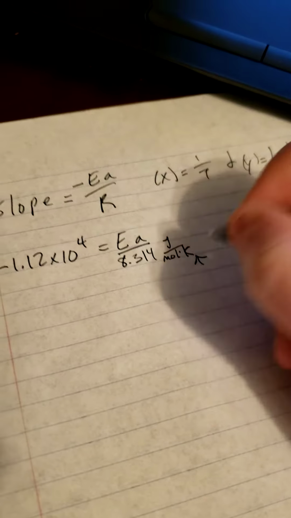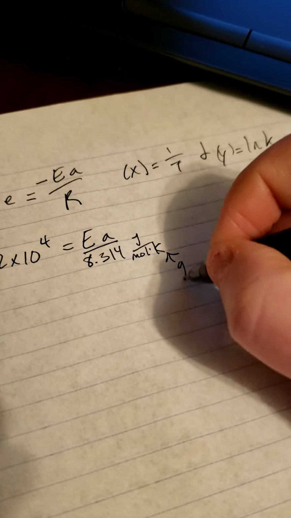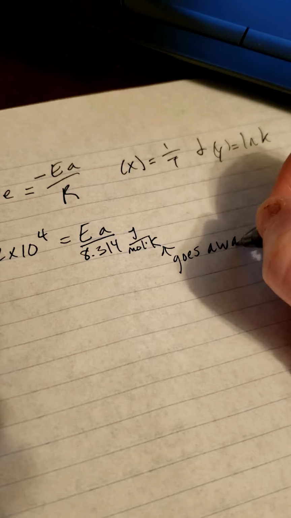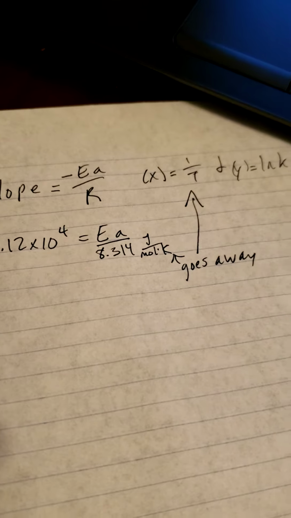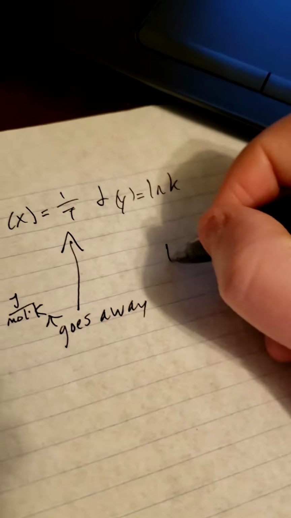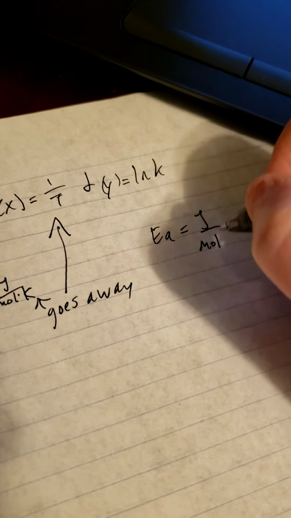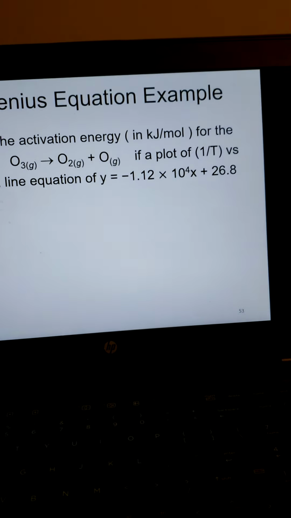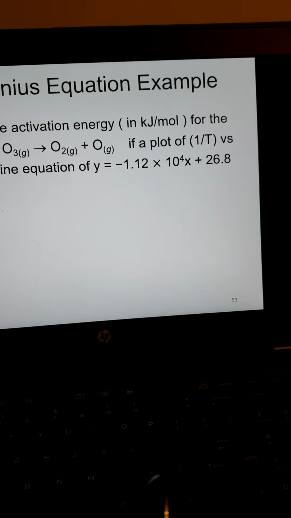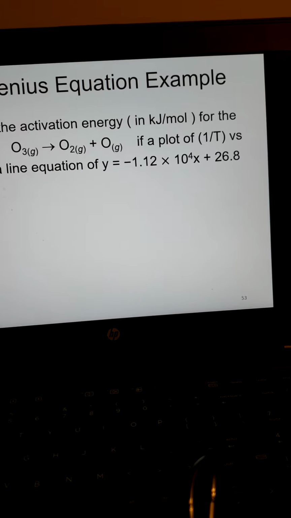Now remember, the Kelvin doesn't disappear in this equation, but the Kelvin in R goes away because of X. EA is going to have the units of joule per mole because of R. But note in the question, it says kilojoules per mole because, as I said in my previous video, joule per mole is just super duper small.